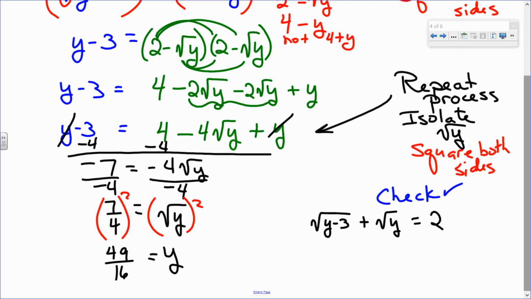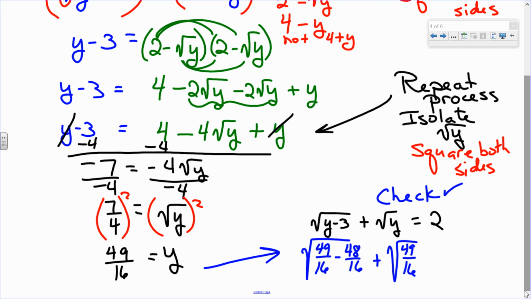So if I take this 49/16 and plug it in, root 49/16 minus 3, but I'm going to write 3 with a common denominator, so minus 48/16. And then I have the square root of y is 49/16, and I'm hoping that comes out to equal 2.